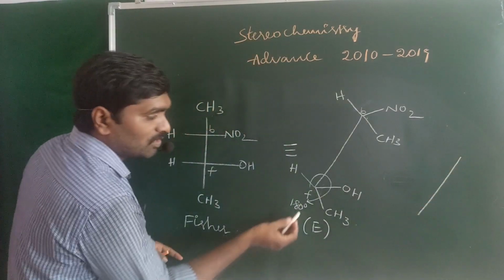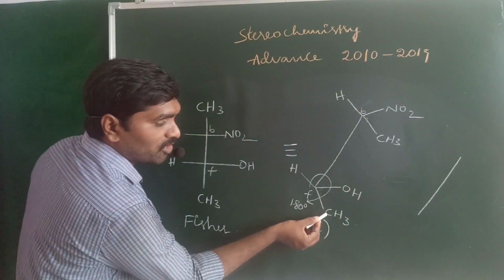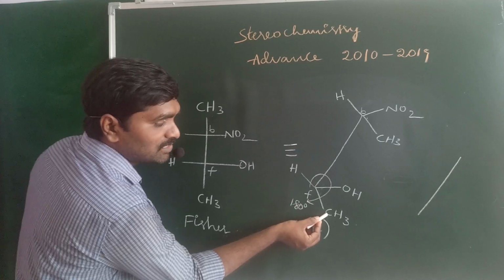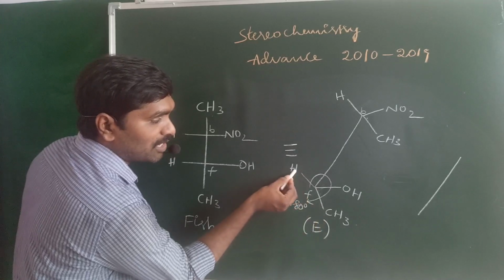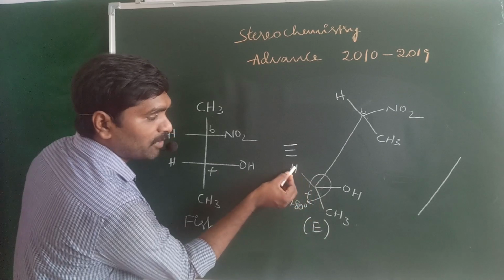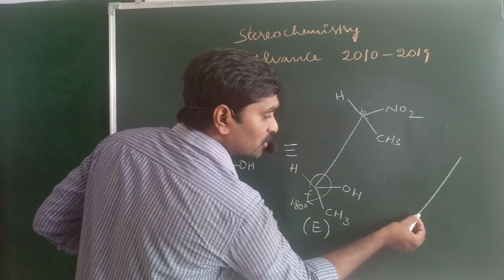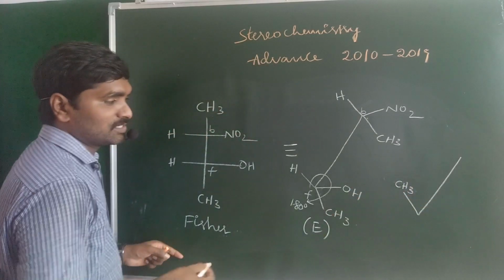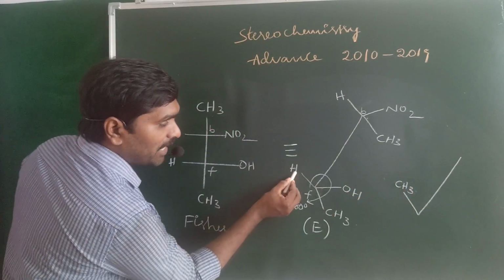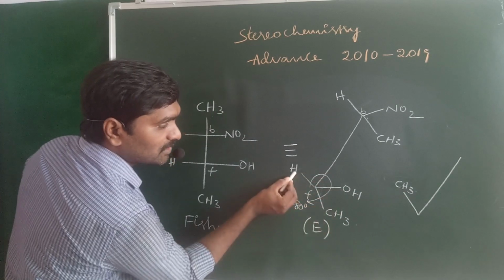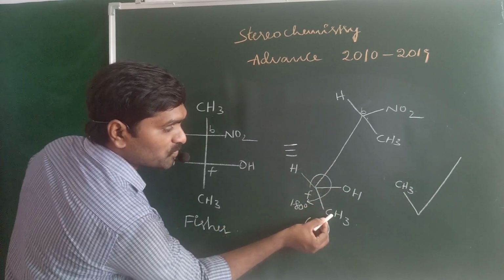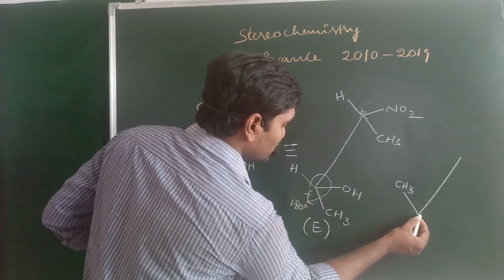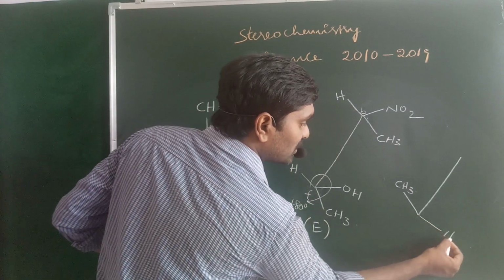What is the staggered one? When you rotate the CH3 by about 180 degrees, the CH3 occupies the position of the hydrogen, so CH3 is present like this. At the same time, the hydrogen rotates 180 degrees and occupies the position of the CH3, so hydrogen is like this.